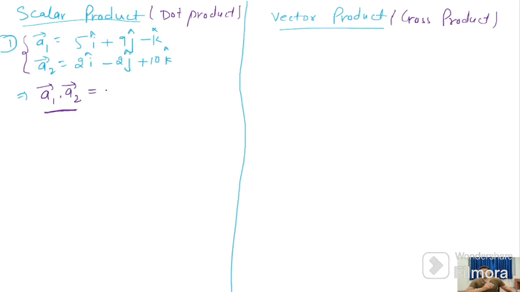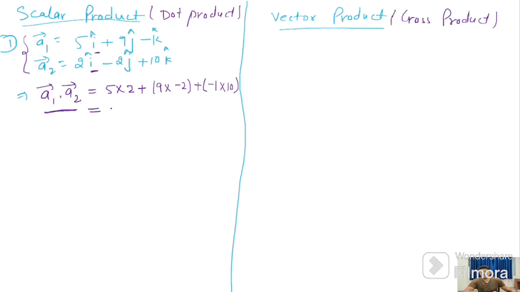As we discussed earlier, the coefficients of i cap are multiplied with each other, that is 5 into 2, plus 9 into minus 2 for j cap, plus minus 1 into 10 for k cap.